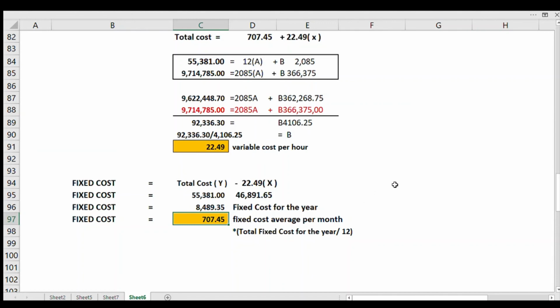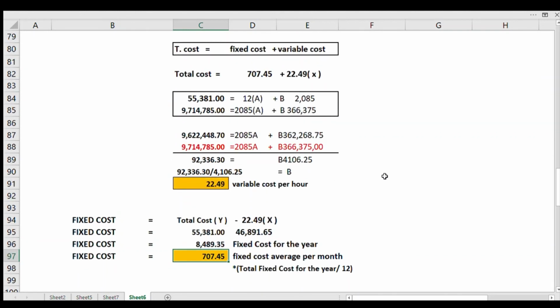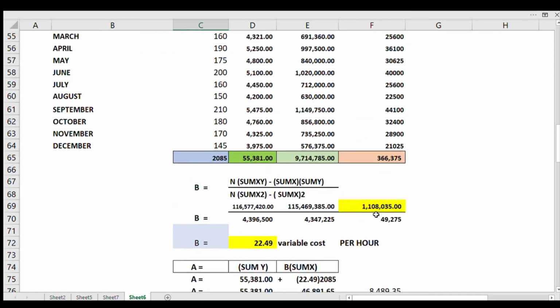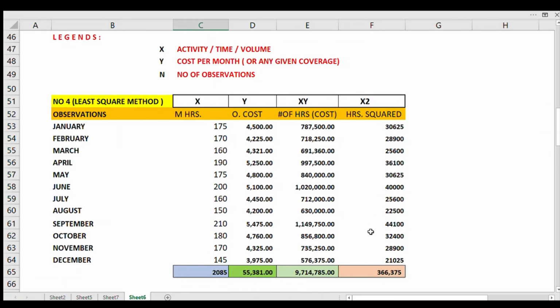So that is the quick information lang all about this segregation of fixed and variable cost using this high-low method and what we call the least square method, which is very much familiar sa ating management accounting.